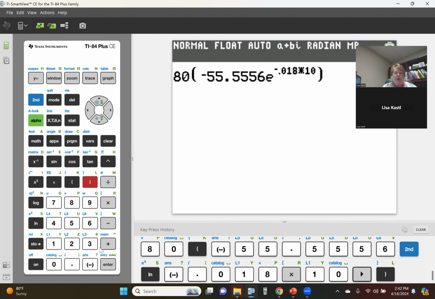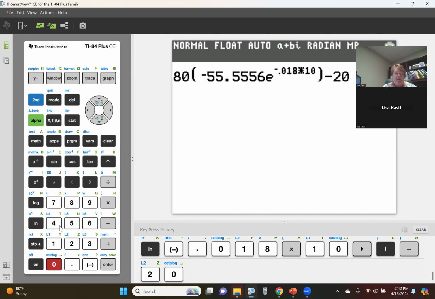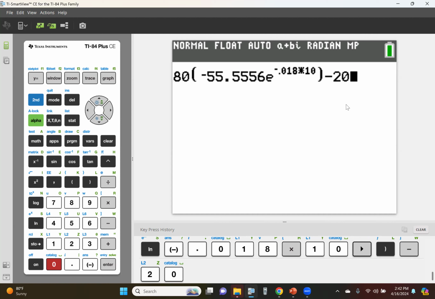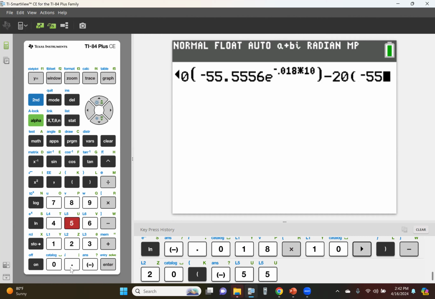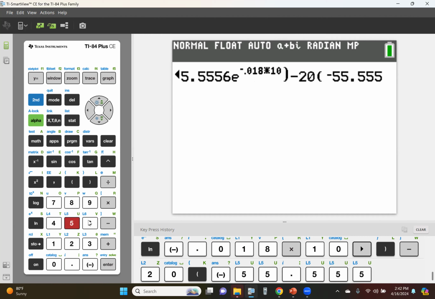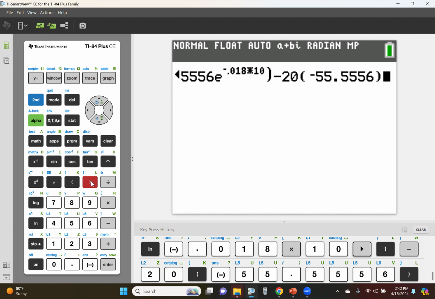Then I have minus 20 times, negative 55.5556, and it's times 1. I'm not going to times it times 1. We know that 1 is the multiplicative identity, and if I multiply anything by 1, I don't change that number. So we're just going to leave that off.